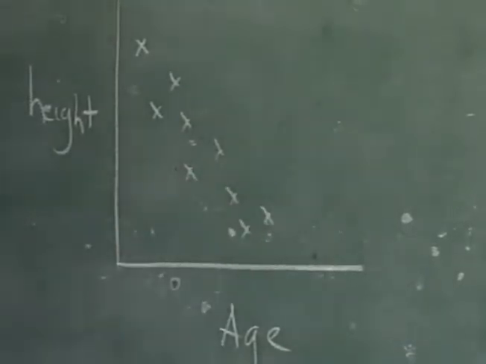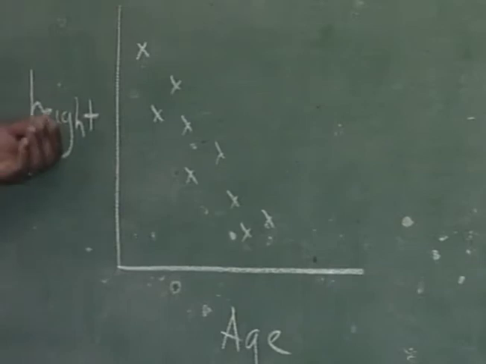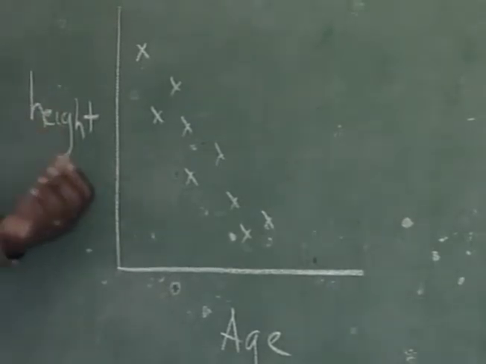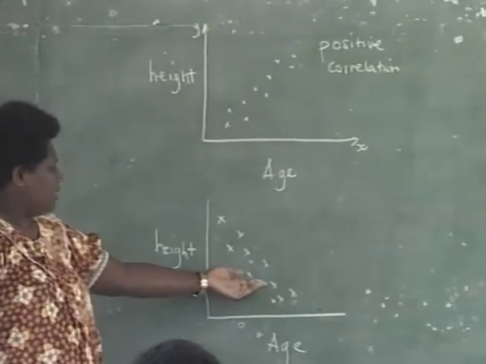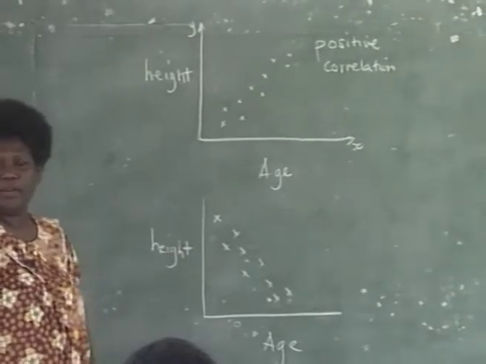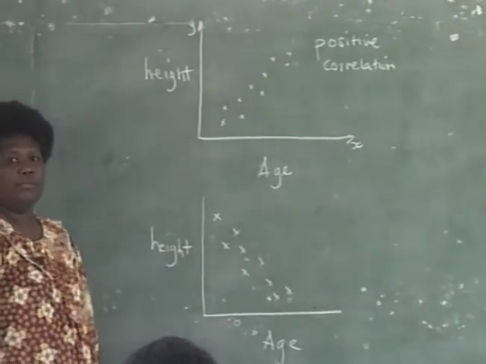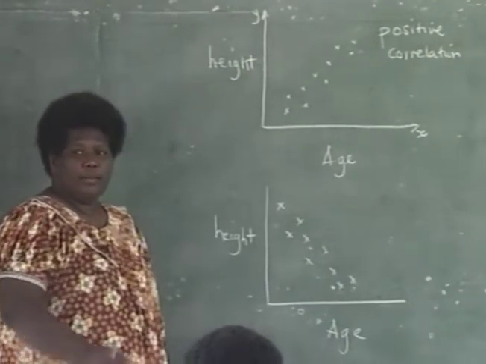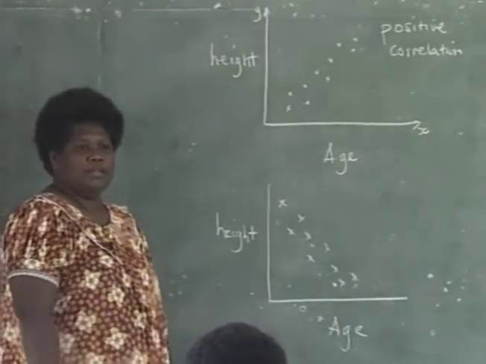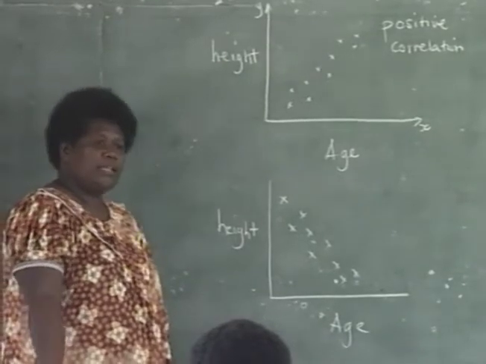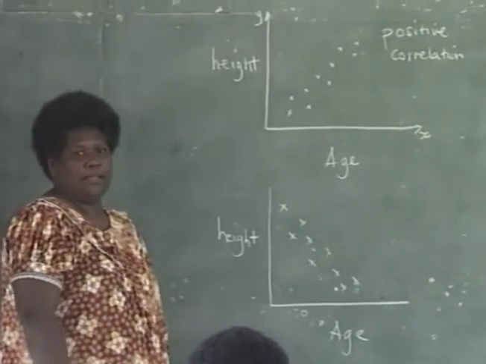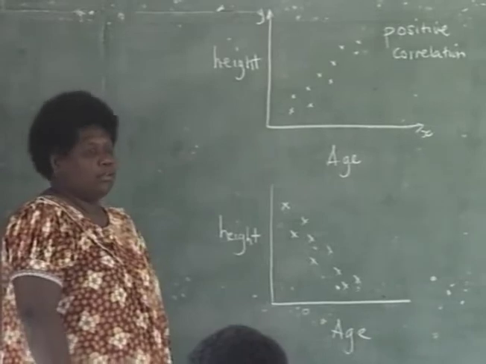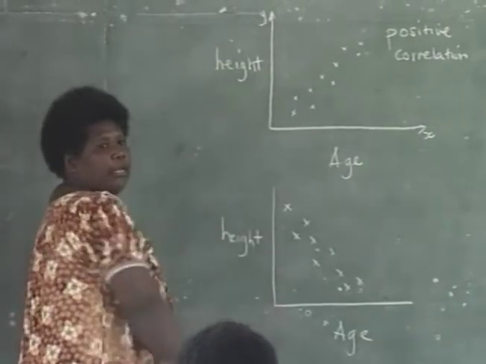There are some things that you can compare, and you will have a graph like this. For instance, if you travel at a faster speed, the time will decrease. You travel faster, you're supposed to take a shorter time than if you travel slower. So those two correlate in this manner.